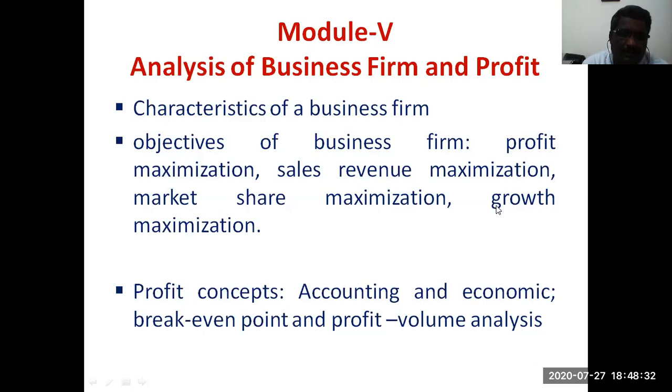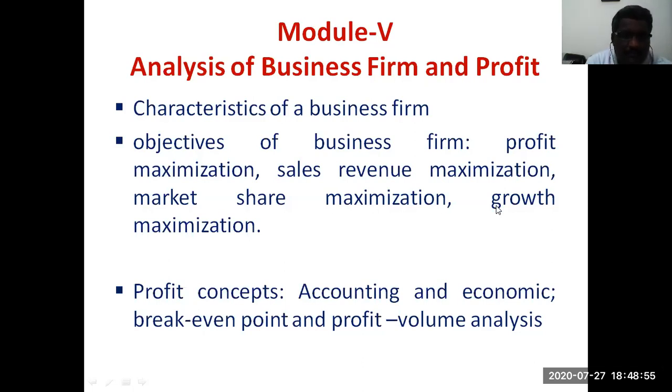These topics are included in the syllabus. There are other theories on the objectives of business firm, but we have to study these topics only in semester 1 of our syllabus.